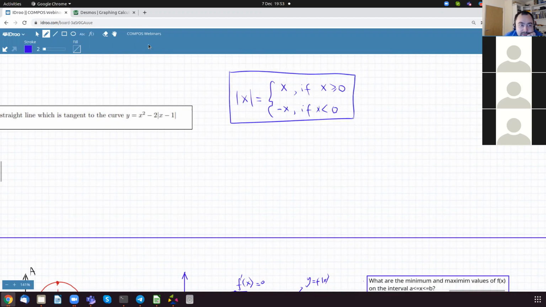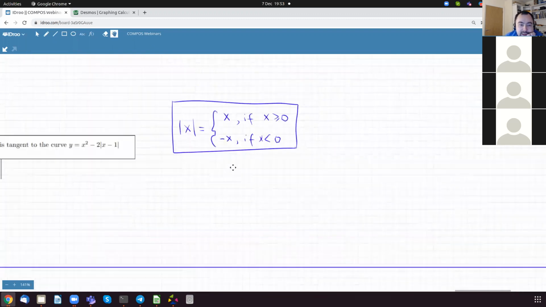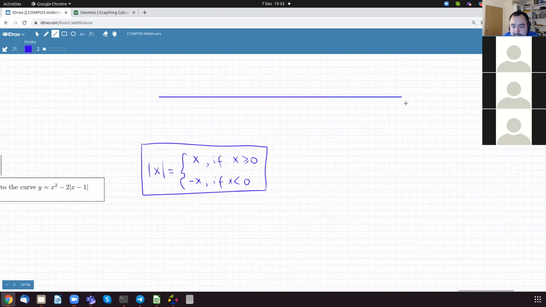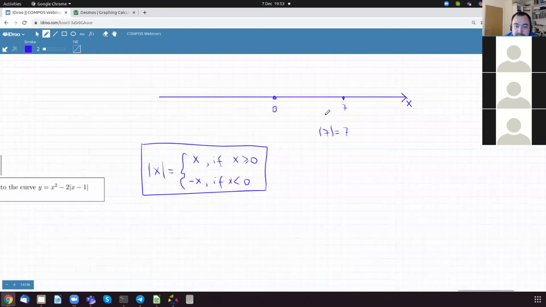It can be a mouthful, but what you need to understand is that the modulus is the distance of the point from 0. So take the point 7: the modulus of 7 is 7, because the distance from 7 to 0 is 7.